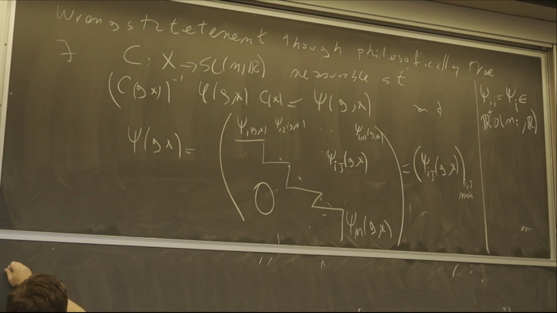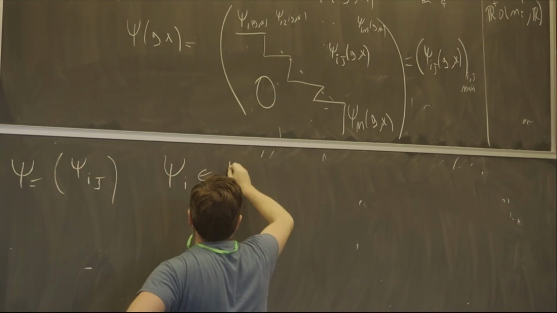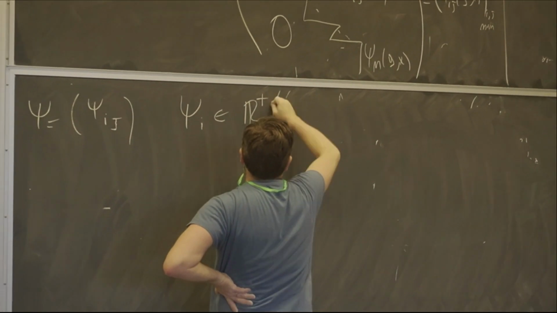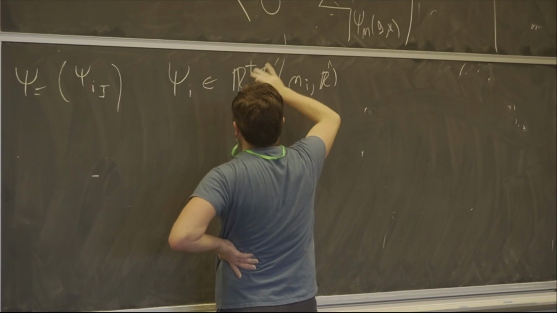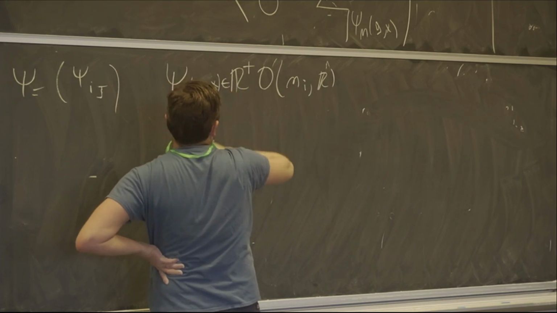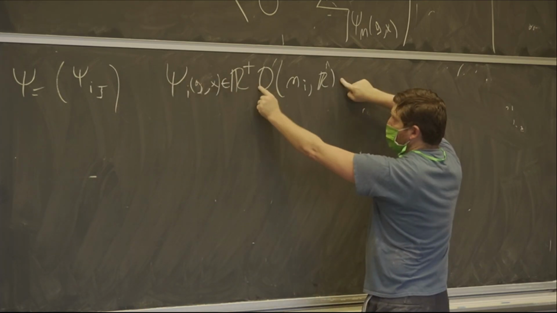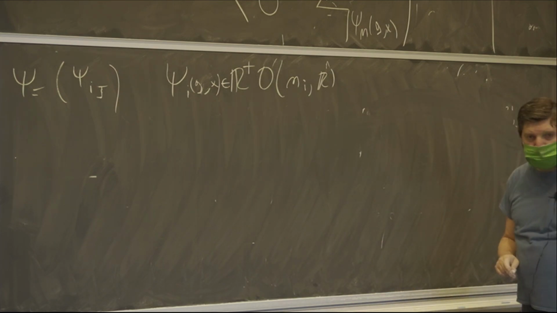So as I said, psi is psi_ij, and the psi_i belongs to R_+ times O(n_i, R). So these are orthogonal matrices multiplied by a number, so these are the conformal matrices.